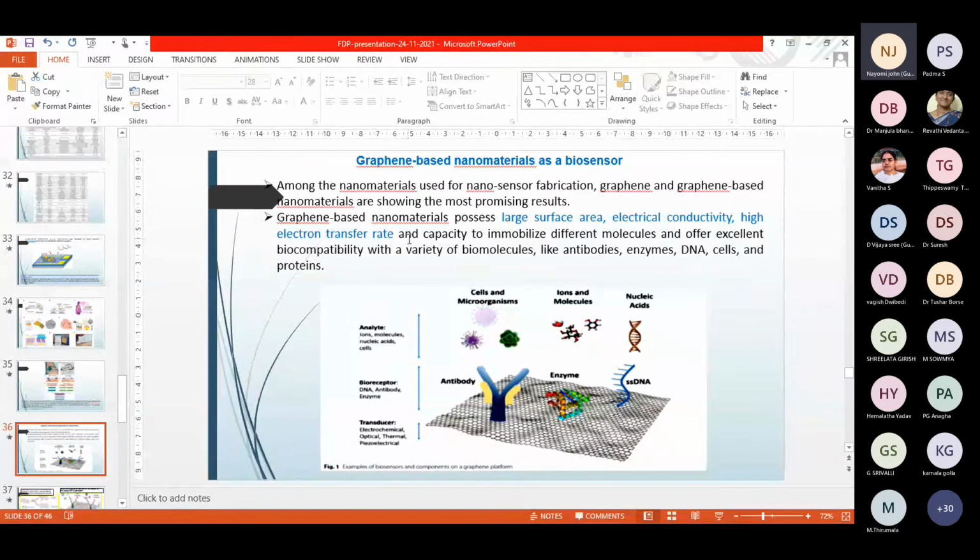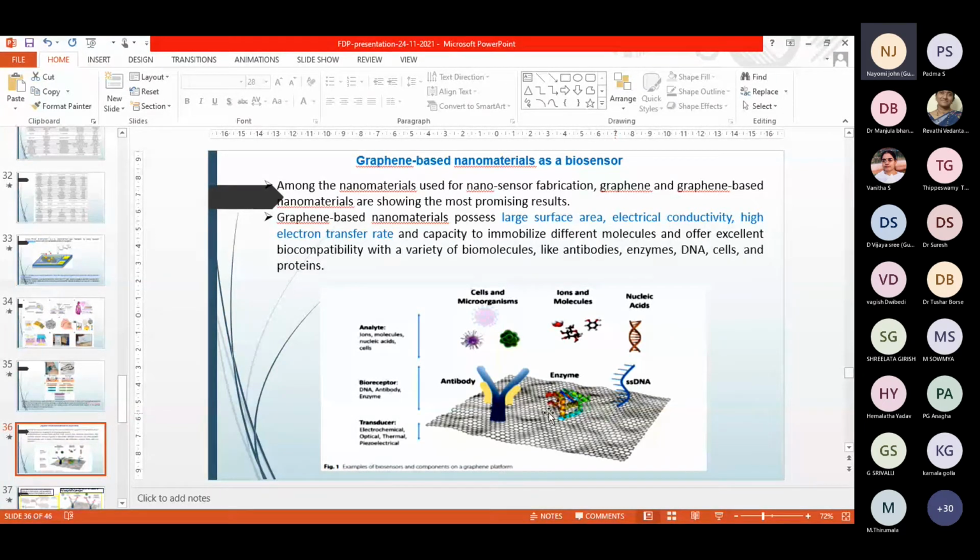These can all be immobilized, so it is a best fit for the transducer surface. So this graphene sheet will be attached to the transducer. Once the reaction happens between the antibody and the antigen, the signal will be converted by the transducer into a measurable signal.